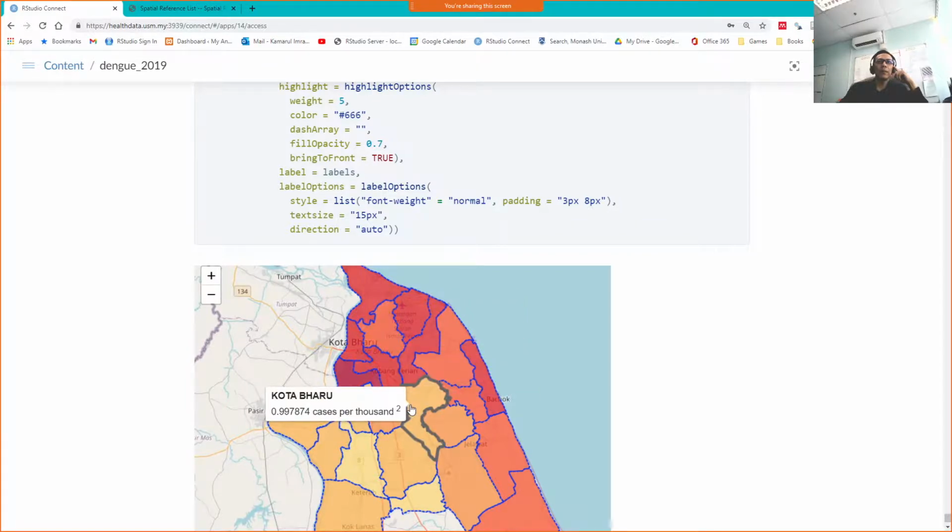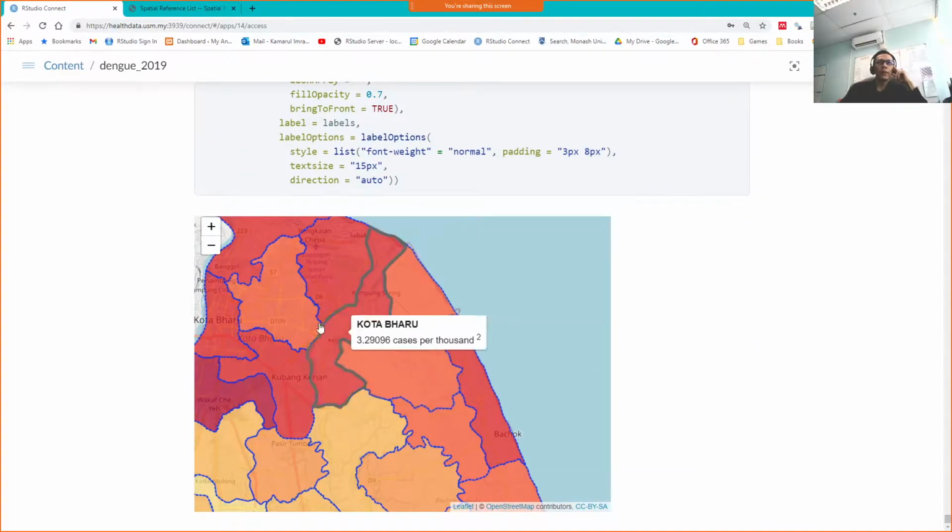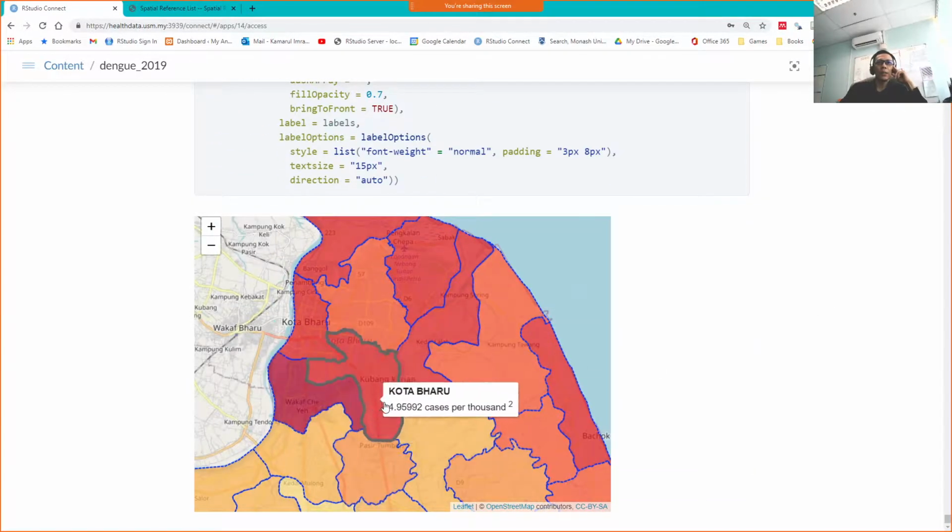Actually I can show, instead of Kota Baru, I can change this to Mukim. But I forgot to do that. I'll change this to Mukim so that it will return Mukim rather than daerah. But yes, so you can see Kubang Kerian. This is 3.